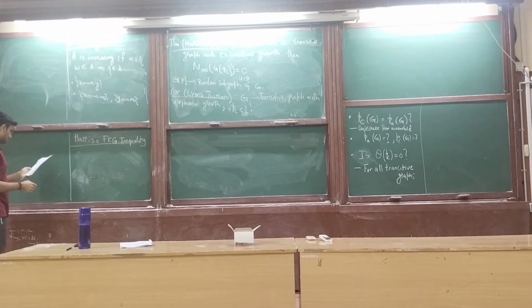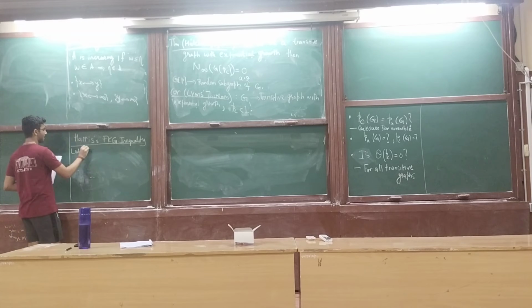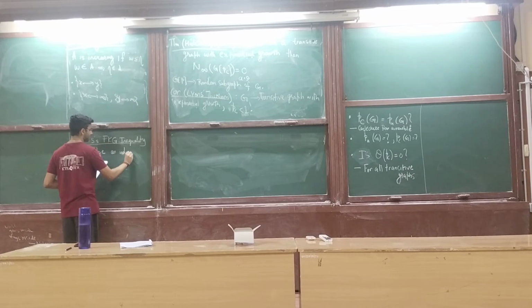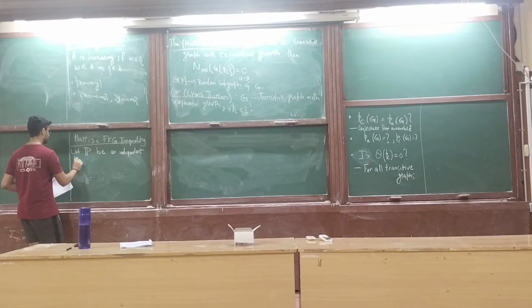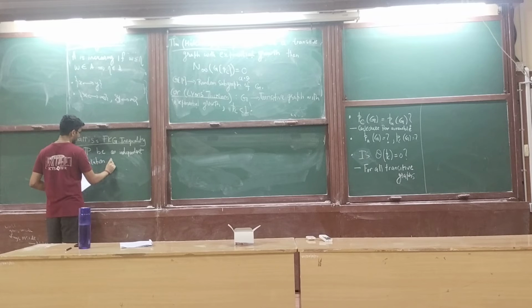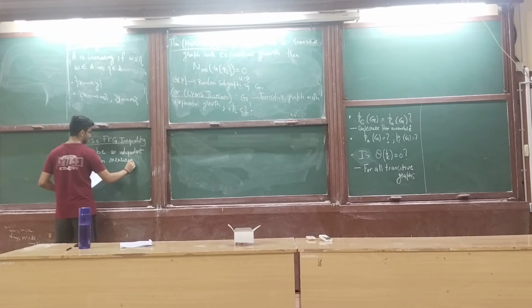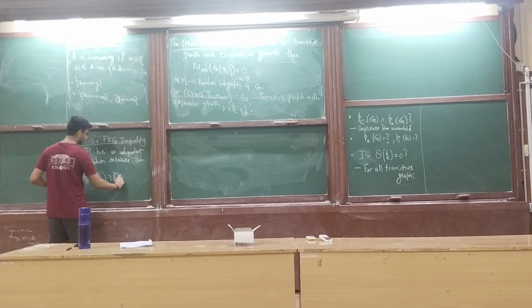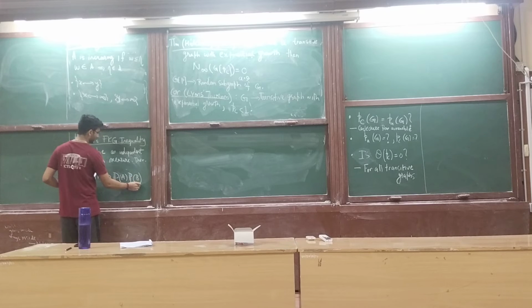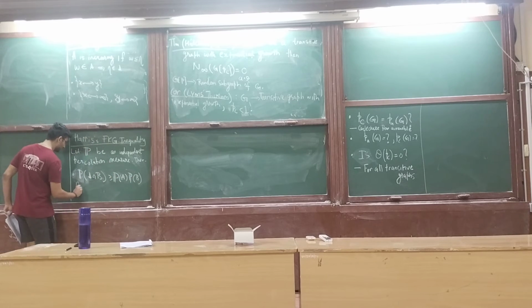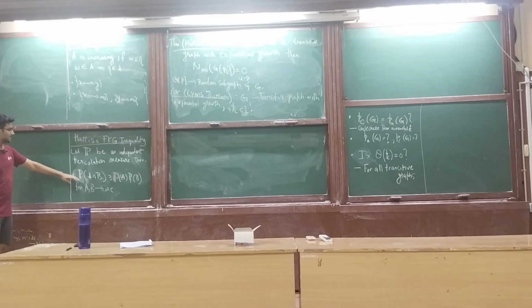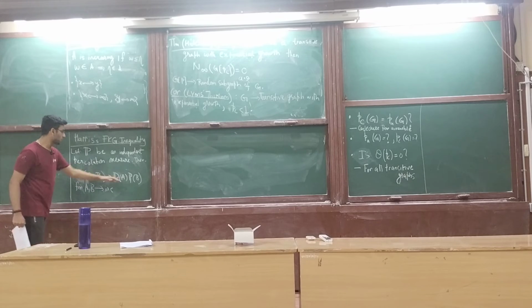You can simply just say Harris's inequality, and it says that for increasing events A and B, what this is saying is that if you take two increasing events, they are positively correlated.